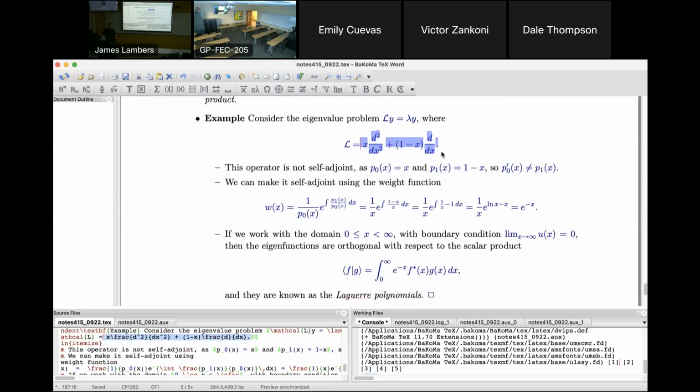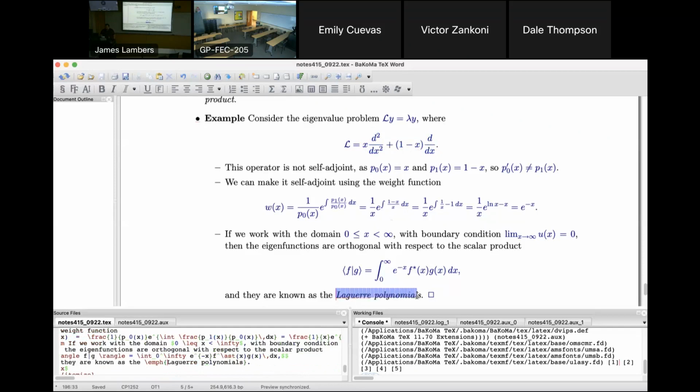If you can find two, great. But if you can only find one, then you can use reduction of order to find another one. And then those solutions turn out to be polynomials. And so we have a family of orthogonal polynomials called Laguerre polynomials, and they are orthogonal with respect to this scalar product.